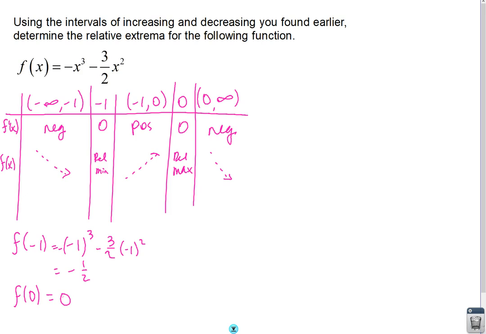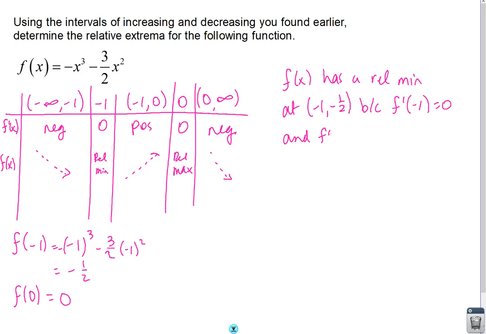So, again, I'm just going in order from left to right. What's listed first? I have a relative minimum, so I'm going to say f of x has a relative minimum at negative 1, negative 1/2, because f prime of negative 1 equals 0, and f prime of x changes from negative to positive at that specific value, okay?